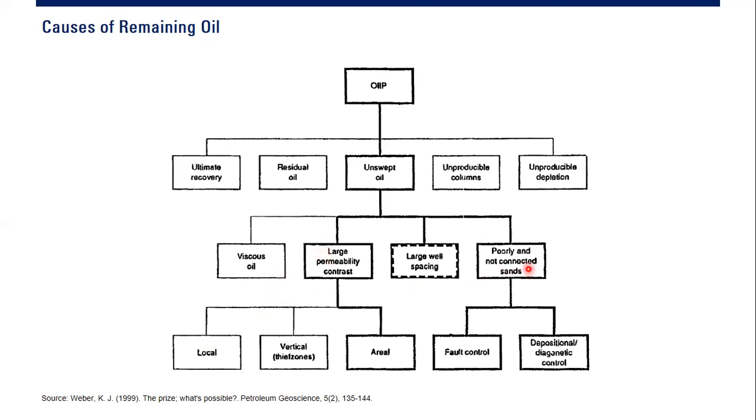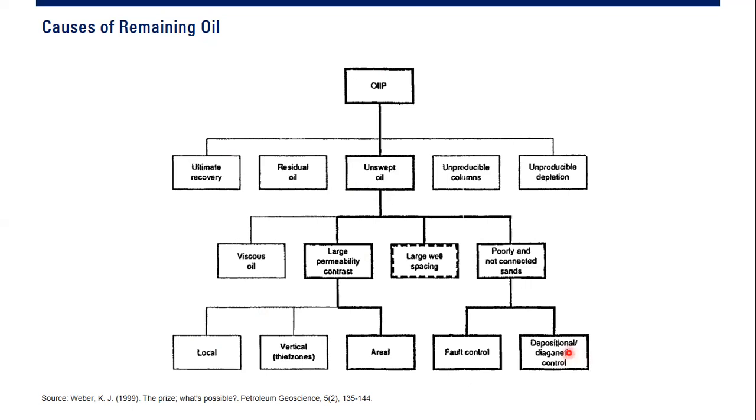And poorly and not connected sands can occur due to faults, of course, you know, non-sealing faults, okay? Or I mean, a sealing fault is of course a cause of not connected reservoir, and it can also occur not because of fault structurally, but more because of depositional or diagenetic control.